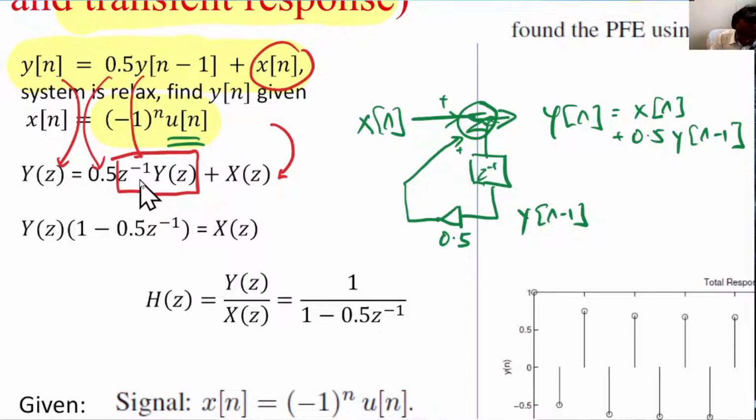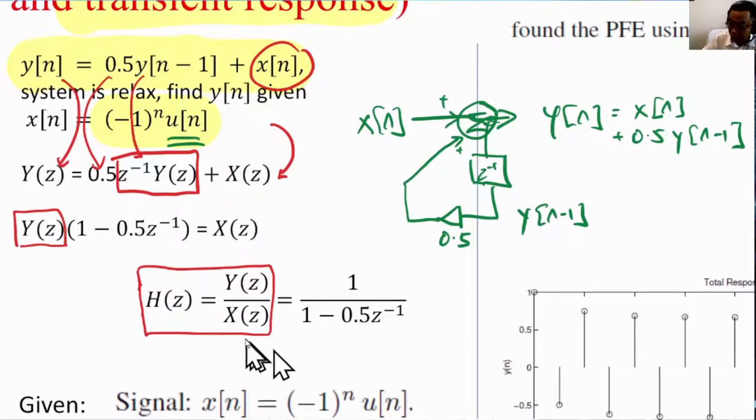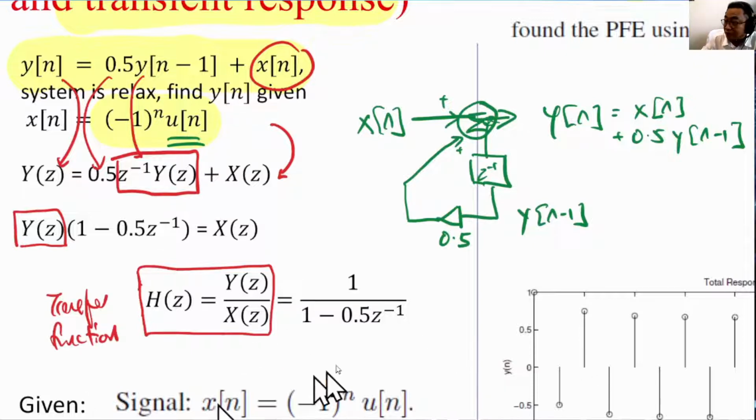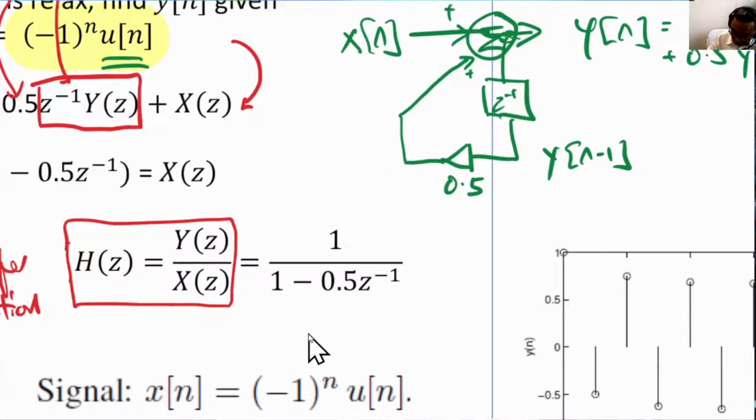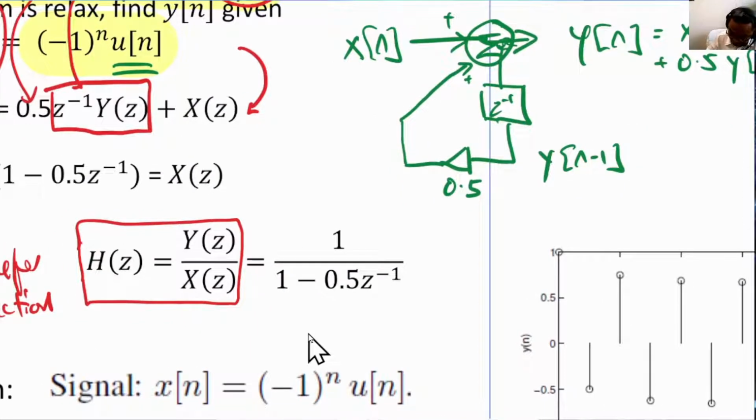We then move all the Y's on one side in preparation so that we can get the transfer function. Therefore, the transfer function is simply 1 over 1 minus 0.5 z^-1. But if you do not like negative powers of z, then simply this is the same as z over z minus 0.5.